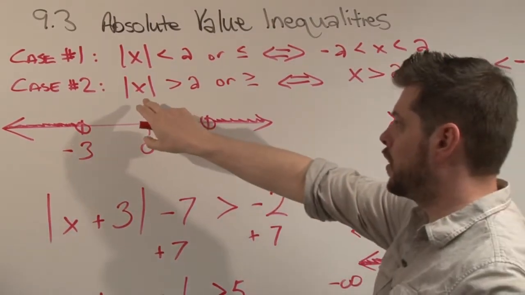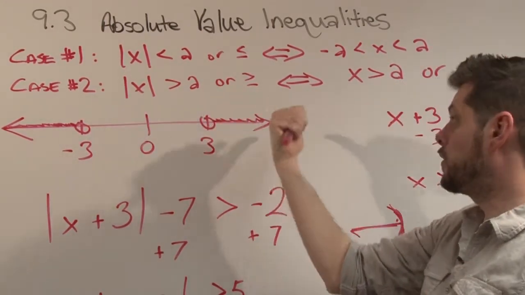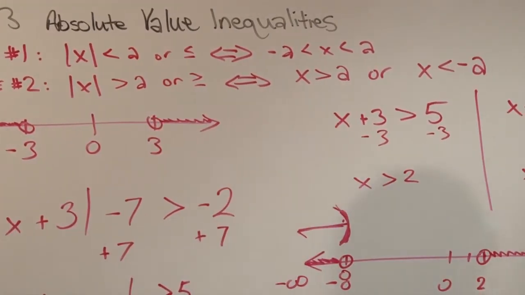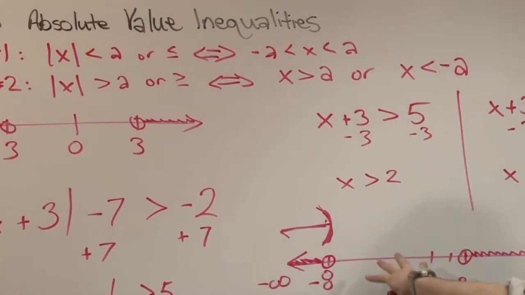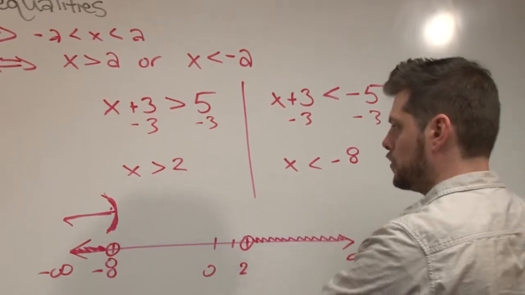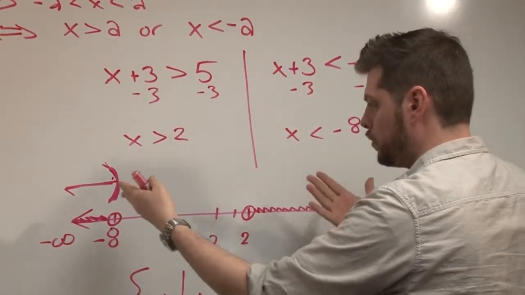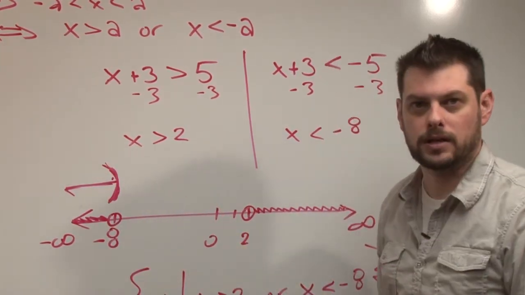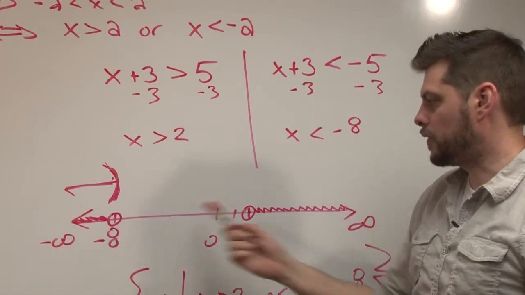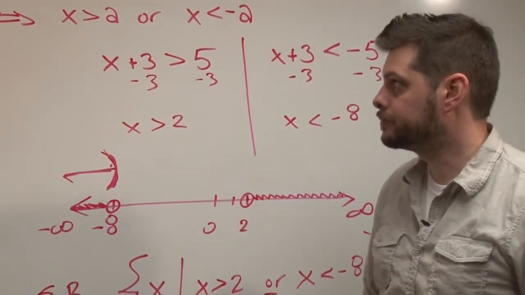In the second case, where the absolute value quantity is greater than A or is greater than or equal to, then we write it as two separate inequalities and solve each. We'll get two separate intervals, usually, and we will describe those solution intervals in whatever notation our instructor would like us, either on the number line or set builder notation or interval notation.